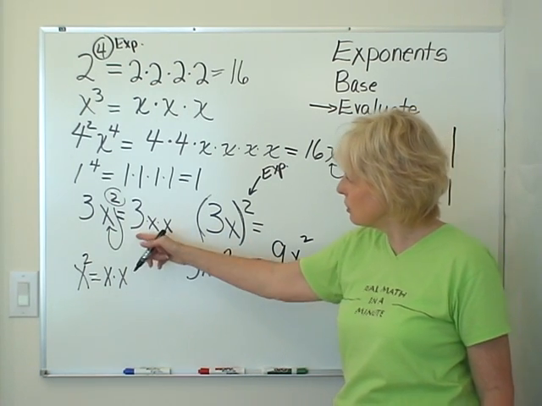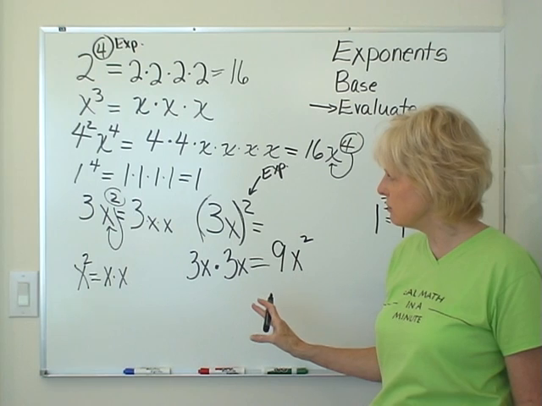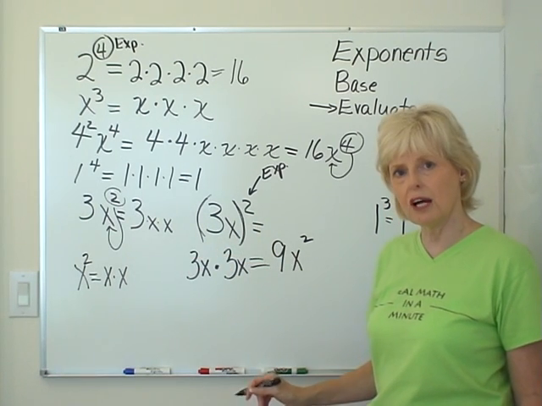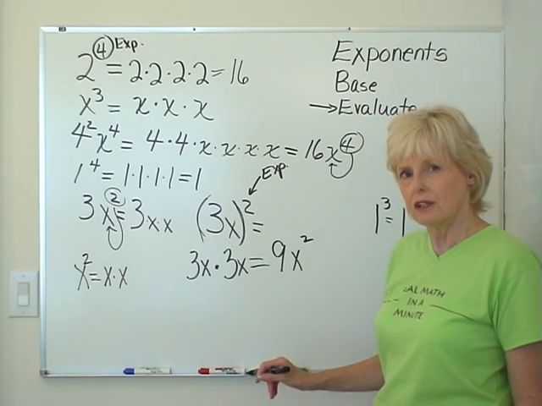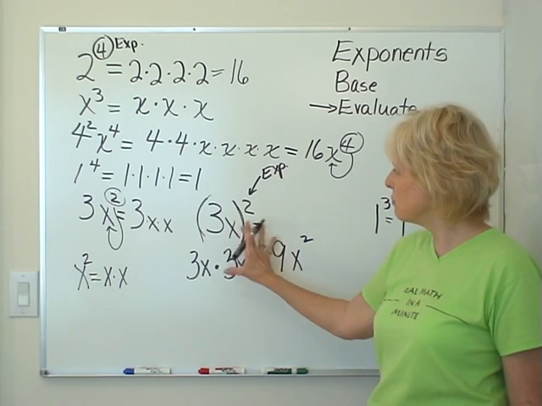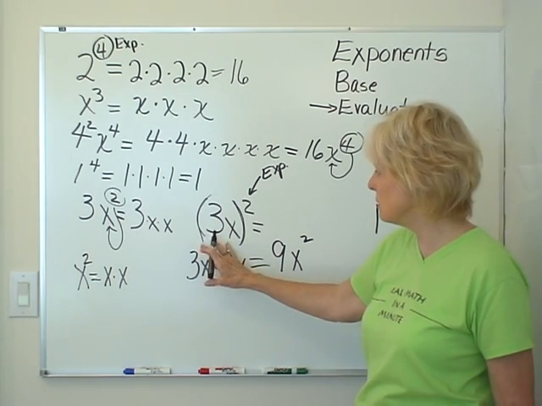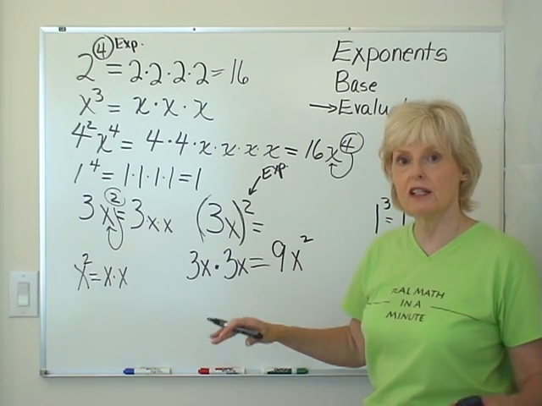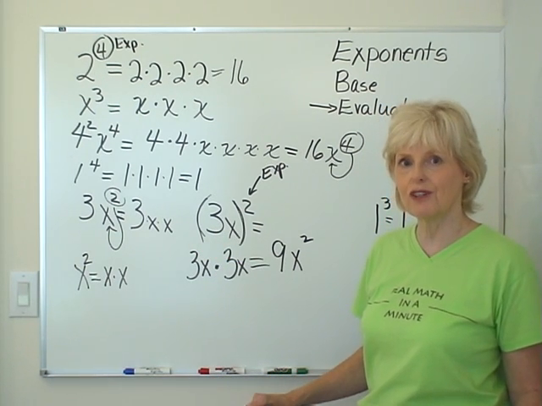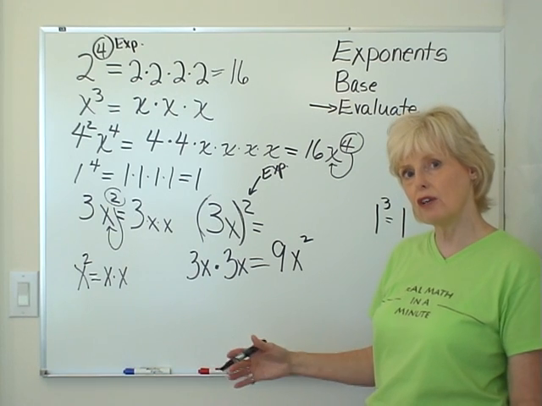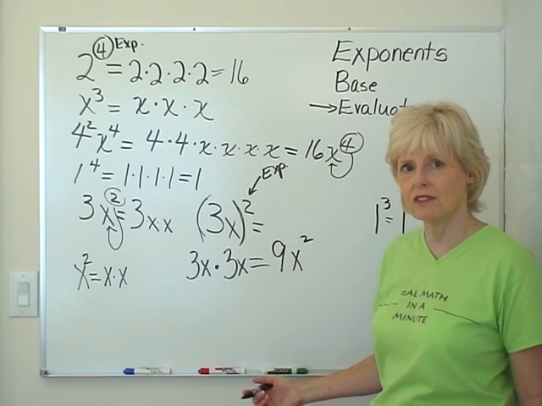What I really wanted you to look at right here is just the difference parentheses make. We'll do a lot more work with that later, in a lot more detail, but for right now I just want you to be aware. When you see parentheses, I want you to really notice and take a good hard look at how they are used and how they are placed.